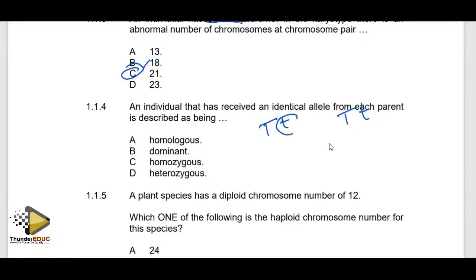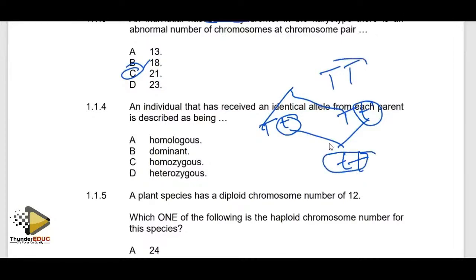If the baby gets small t and small t, or capital T and capital T, it means that these 2 alleles are the same.